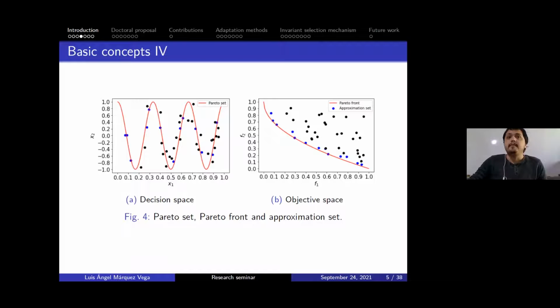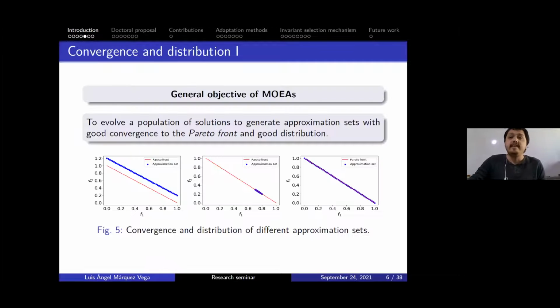In this example, the set of non-dominated solutions of the whole population represents an approximation set that aims to approximate the Pareto front. The general objective of MOEAs is to evolve a population of solutions to generate approximation sets with good convergence to the Pareto front and good distribution of solutions.